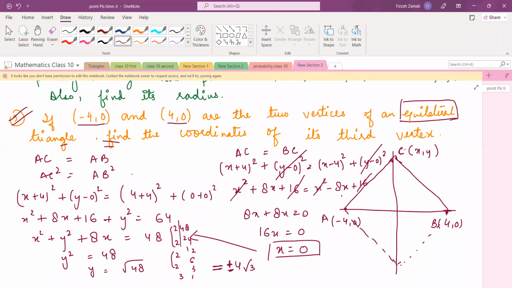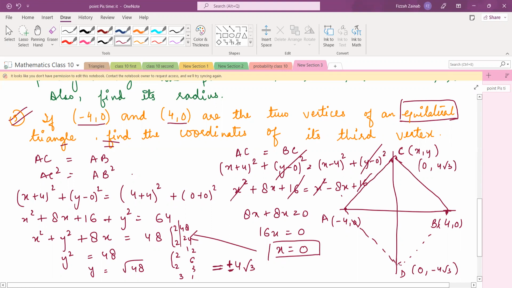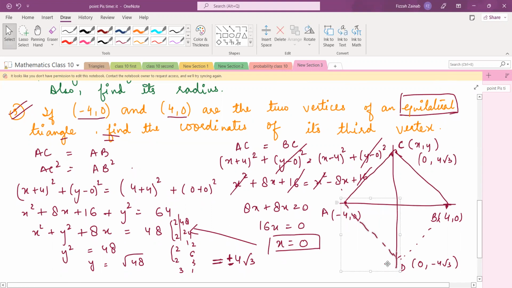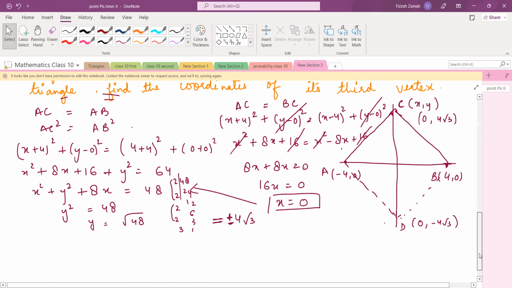So if the triangle is this, the coordinates will be 0 and positive 4 root 3. And this can be another possibility, that it is 0 and minus 4 under root 3. Is this clear? So you will simply write that therefore the coordinates of the third vertex are like that. So it can be C also, it can be D also.